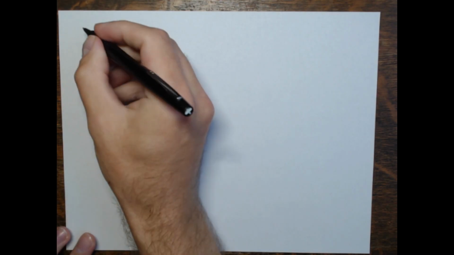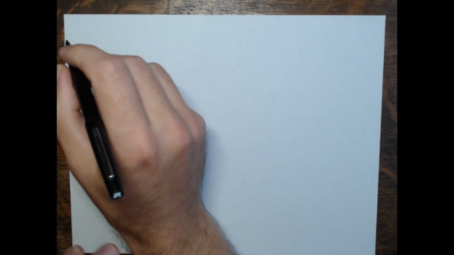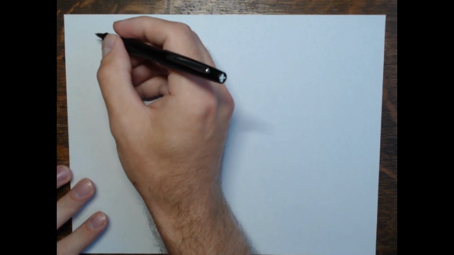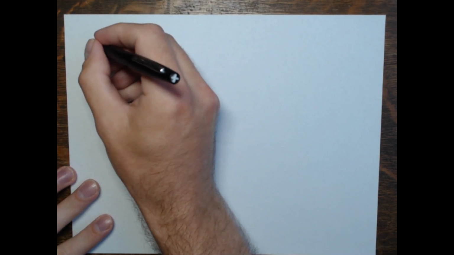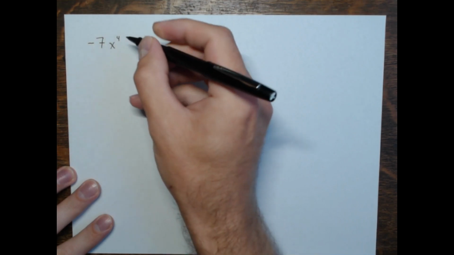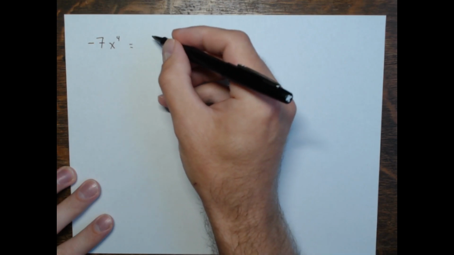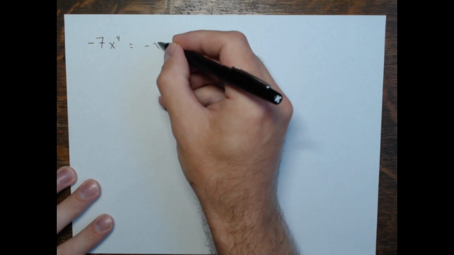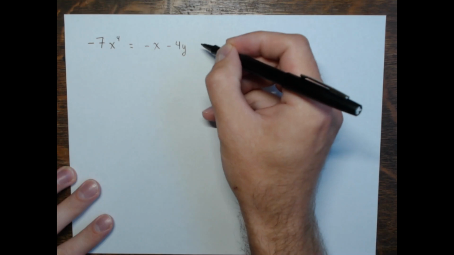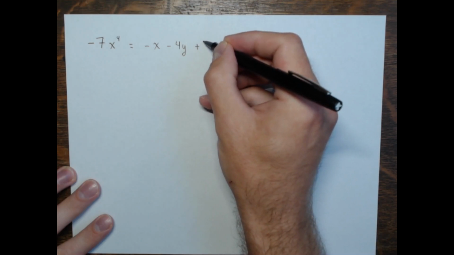All right, so here was the equation of the curve without the parameter, without the parameter that x and y depend on. So it was negative 7 times x to the fourth equals negative x, or the opposite of x, minus 4y plus 7.